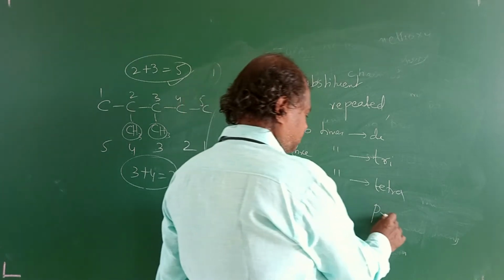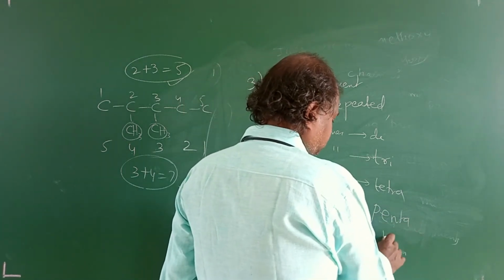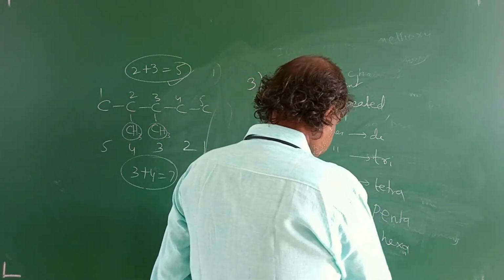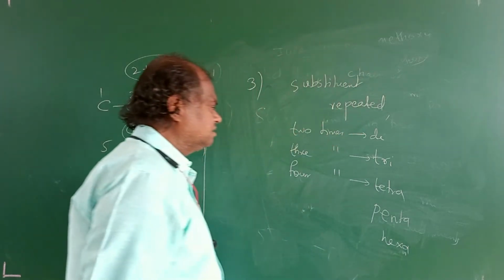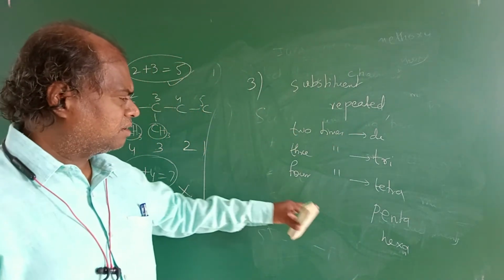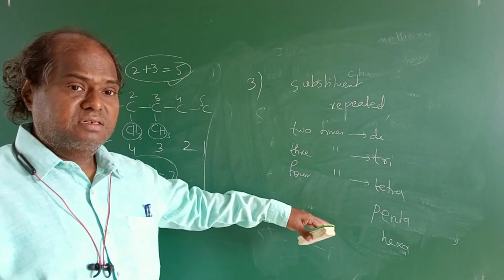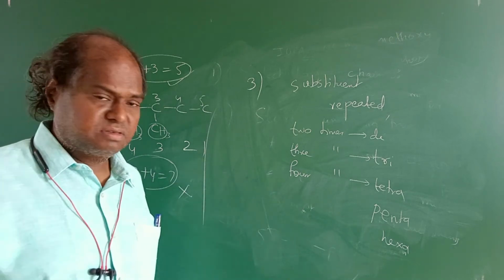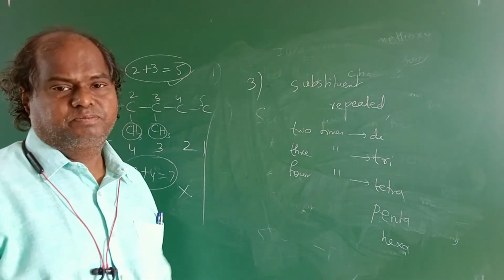Tetra, penta. Di, tri, tetra, penta, 5 times is penta, right? 6 times hexa, like that.